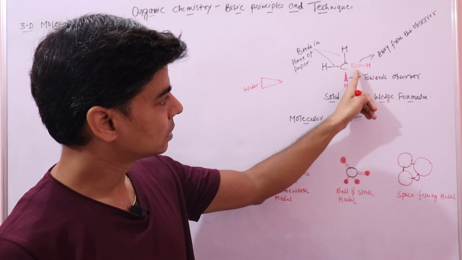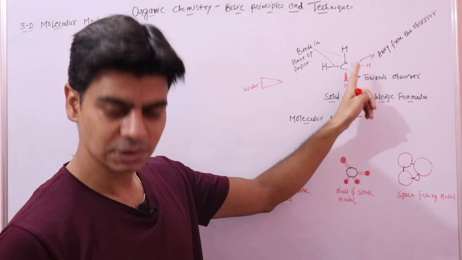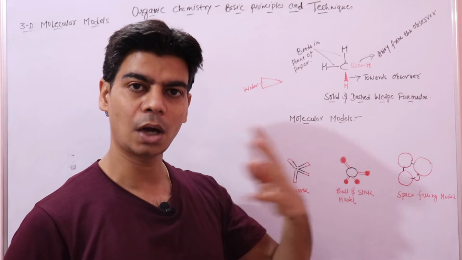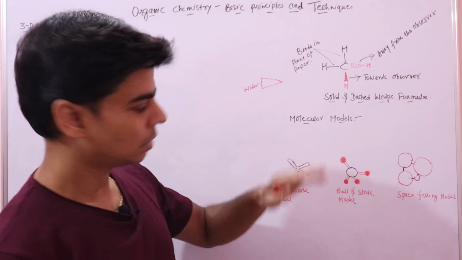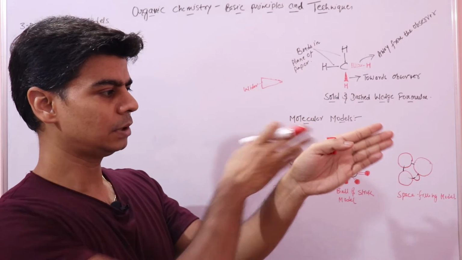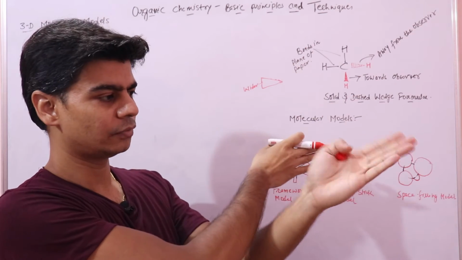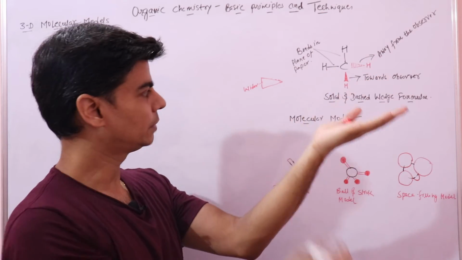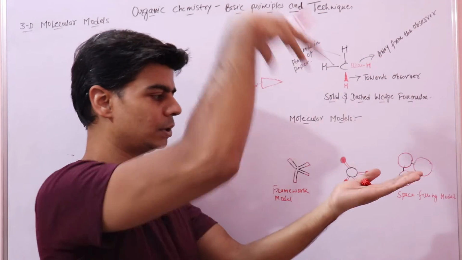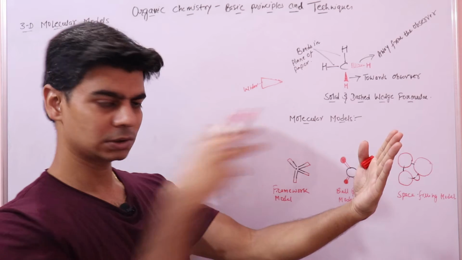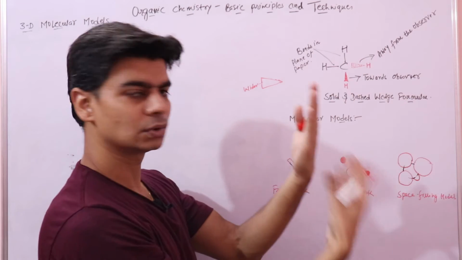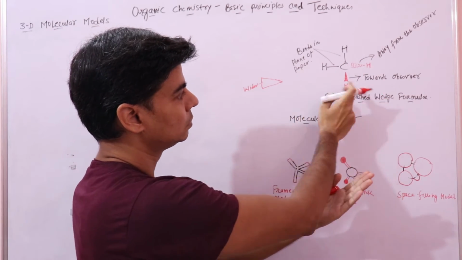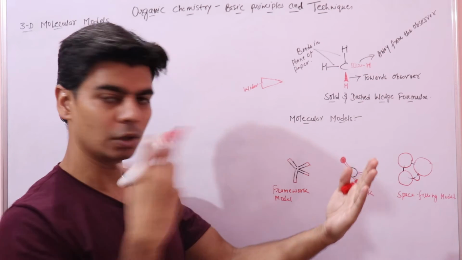This dashed wedge represents the bond which is going away from the observer, out of the plane of the paper. If this is the plane of paper, this bond is going down below the plane of paper, and this bond is coming up towards me. The wider end of these two bonds will always be towards me.